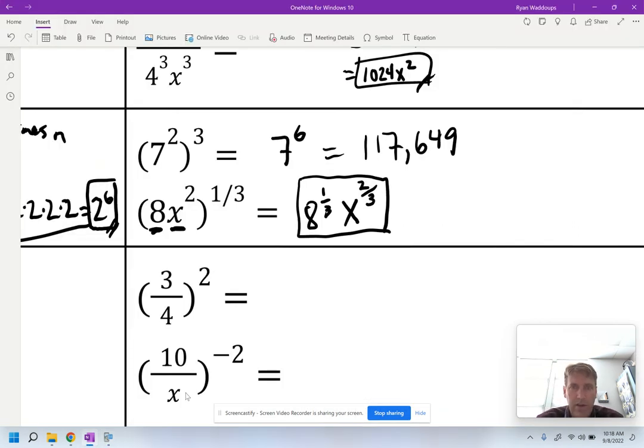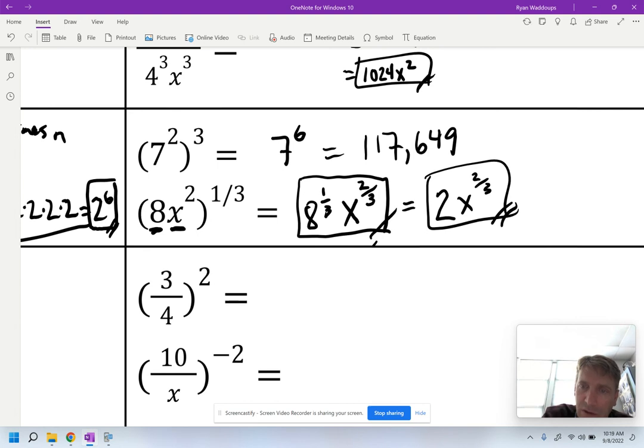Okay. But 8 to the 1/3 would be fine. I would have accepted that answer from most of my students. So then you can write that 8 to the 1/3 is 2, x to the 2/3 power, and either of those would be acceptable.